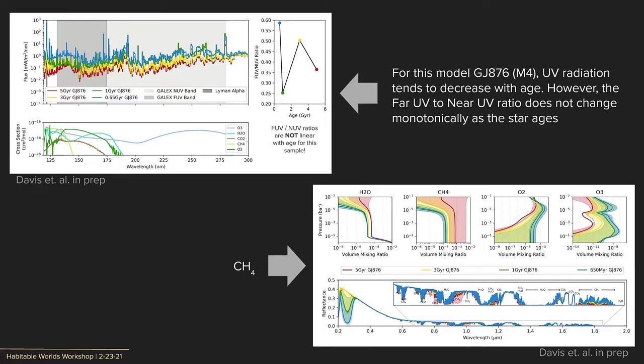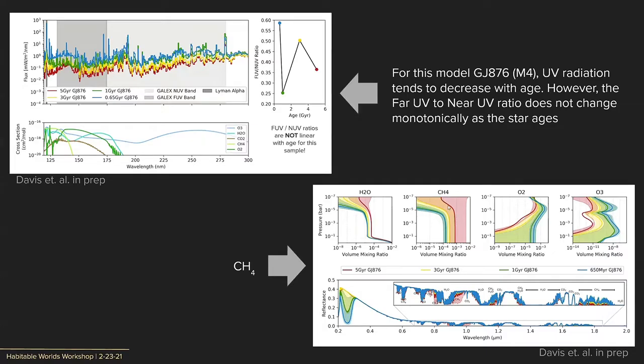And so characterizing the spectral slope here is going to be just as, if not more important. And we can see that here in this bottom right plot. The methane concentrations change by over an order of magnitude here. I should note that these shaded regions bound the interquartile ranges for stellar activity.